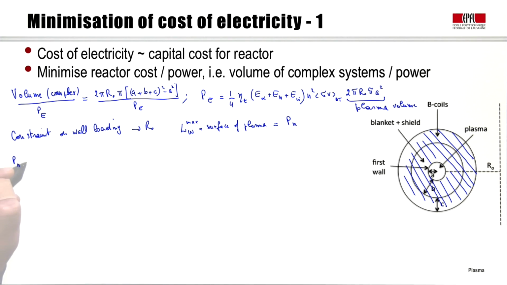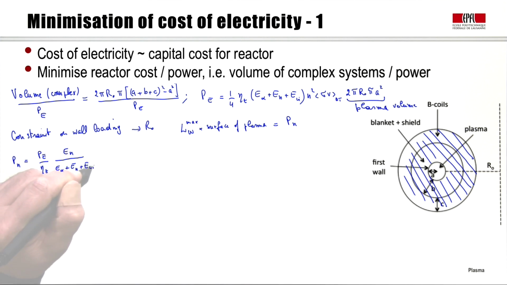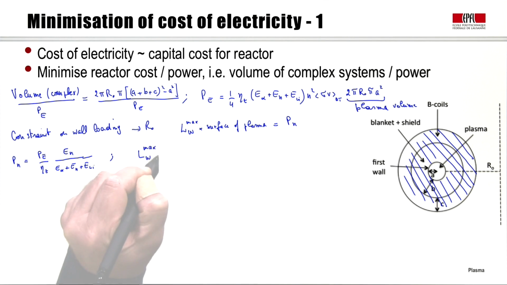Now we know that the neutron power is equal to the fusion power, which is the electrical power produced by the plant divided by the efficiency with which the fusion power is transformed into electricity, times the fraction of the energy in each reaction that's associated with the neutrons. So En divided by E alpha plus En plus E lithium. So let's go on with the evaluation of the product of the maximum wall loading times the surface.